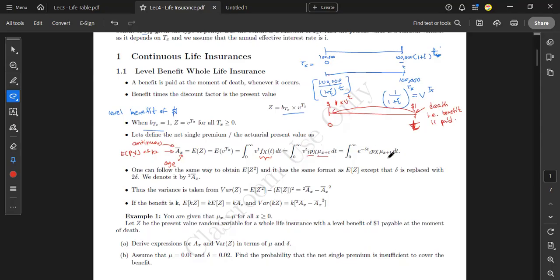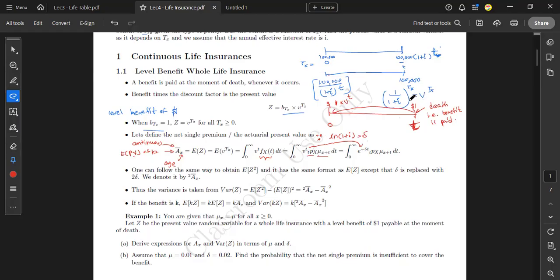If you get it as a function of t for the integration, so we can use this. So we changed v to the power t to e to the power minus delta t as this. Because we have log value of 1 plus i is delta.